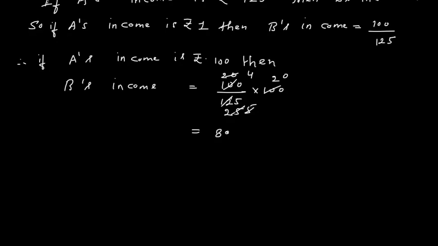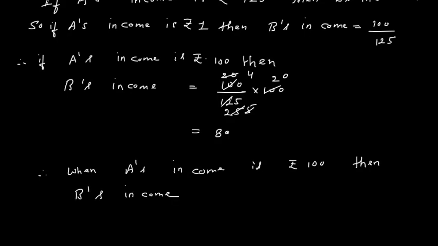Now when A's income is rupees 100, then B's income is rupees 80. That means on 100 I am getting 80 rupees, that means 20 rupees less.